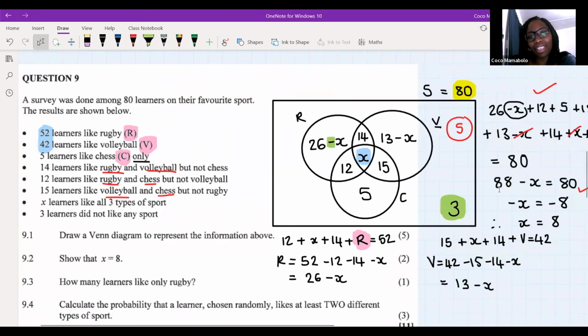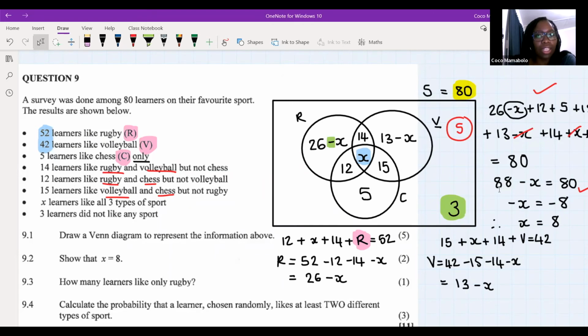If they ask in the next question that you should show that x is equal to a certain number, should you solve x in the Venn diagram? I would suggest you do, because there's a big probability that it will come up in the questions coming up.